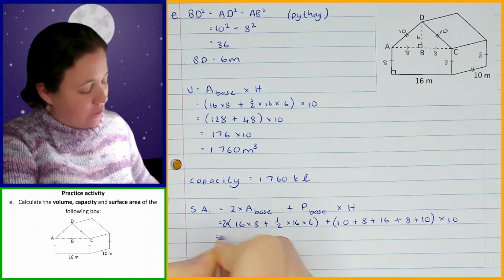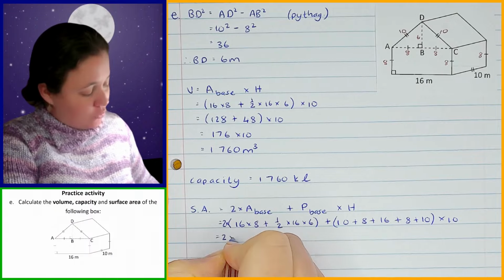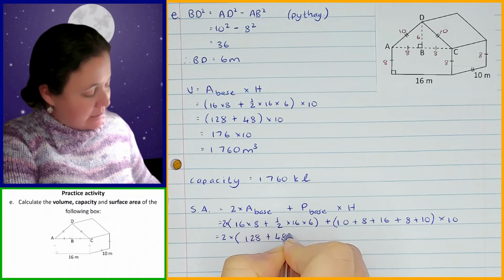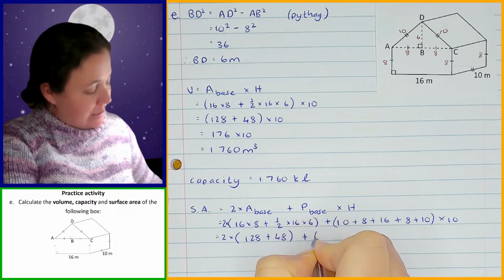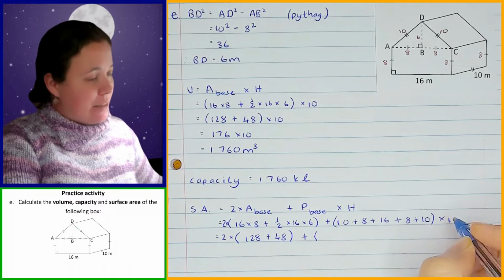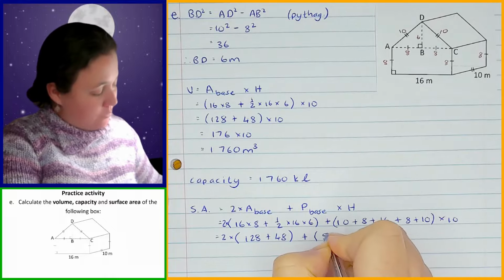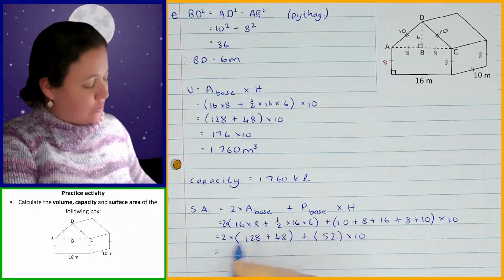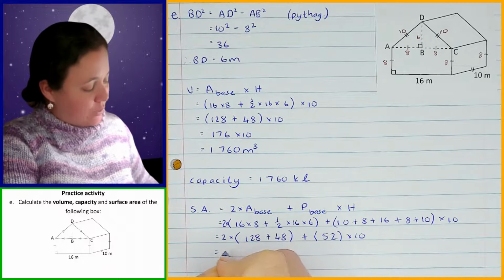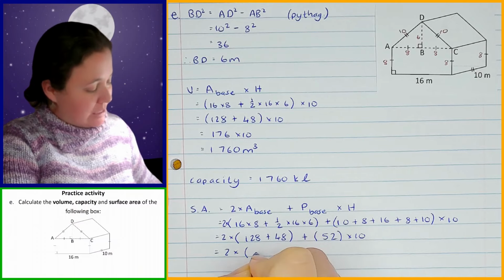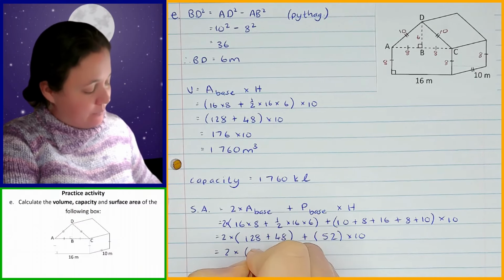Okay, so now I've got 2 times 128 plus 48 in brackets plus 10 plus 8 plus 16 plus 8 plus 10. That all gives us 52 times 10. Okay, so 2 times 128 plus 48 is 2 times 176, the same as it was over there.